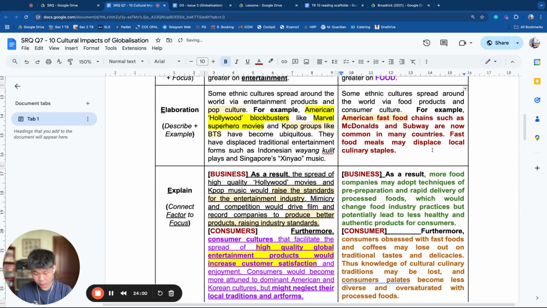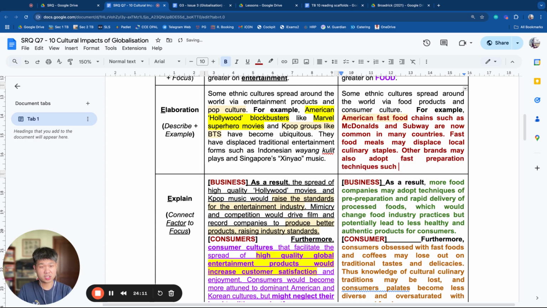Some other brands may also adopt fast preparation techniques such as Sukiya, which is a beef rice bowl.